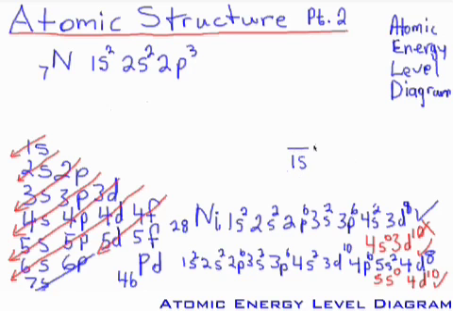And we would put electrons in there symbolized by arrows. The atomic energy level diagram is just that. It shows the orbitals, shows the electrons as arrows, and as you go up, it's higher energy. S only has 1 orbital. But when you get to the p, you have 3 orbitals.